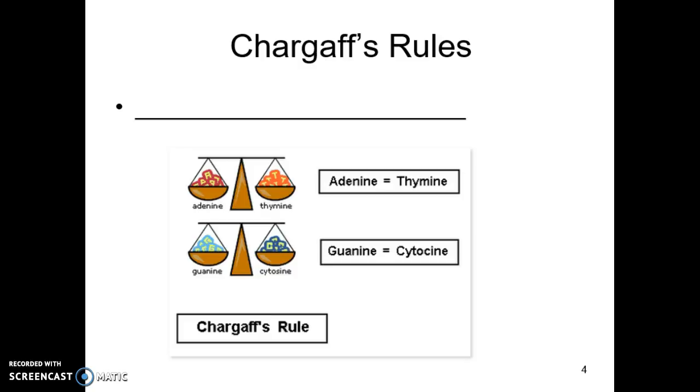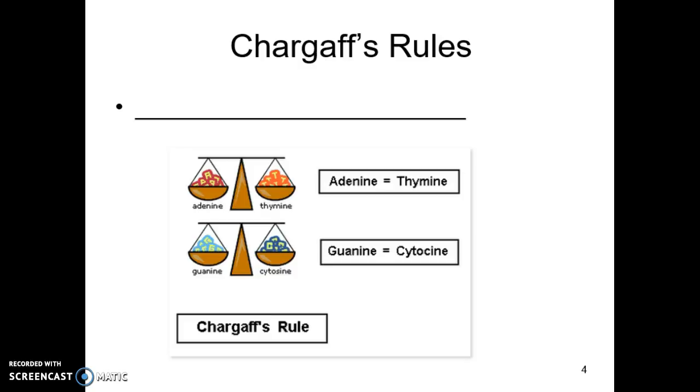So if you have A on one side, there should be a complementary thymine on the other side. If there's a G on one side, there should be a C on the other side. That was an incredibly important piece of information to help scientists start to understand better the nature of the DNA structure. Now, Chargaff laid this foundation down in the early 1940s.